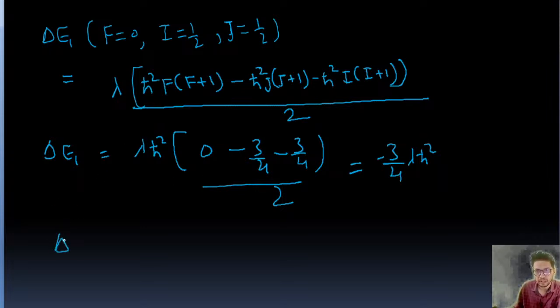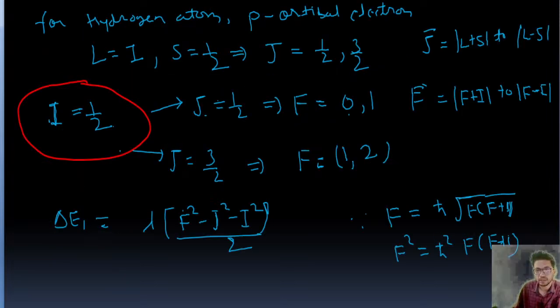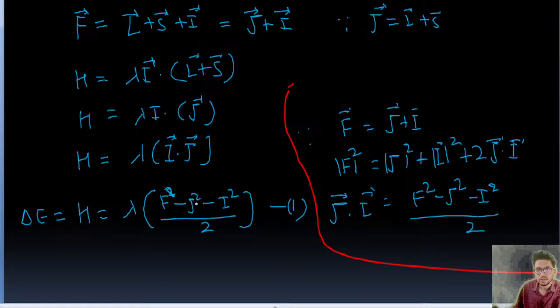Now we'll find delta E2. Delta E2 means this value. We need to find them one by one, and these values are for the p orbital. Okay, f equal to, here you can see this one.